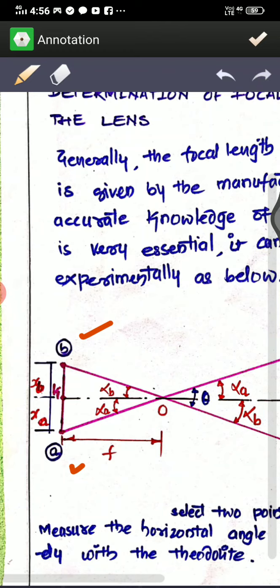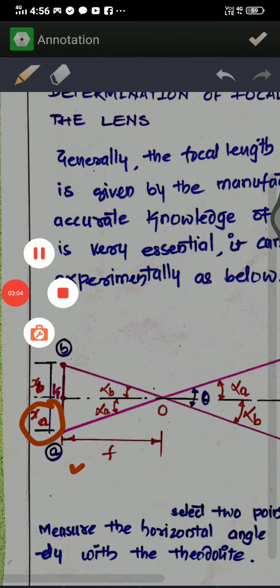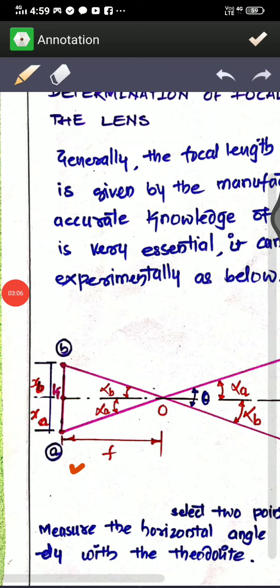The distance ak will be your XA, and the distance between b and k will be your XB. Here you will have XB, and this is Ok, the focal length, that is what you are going to determine.